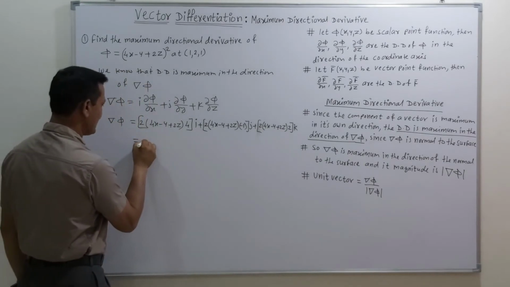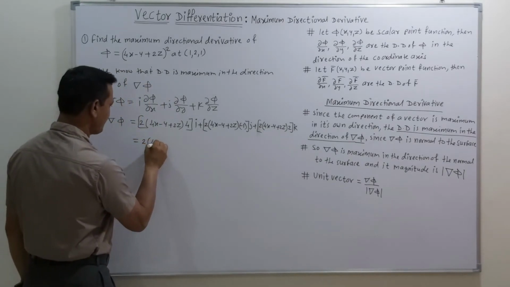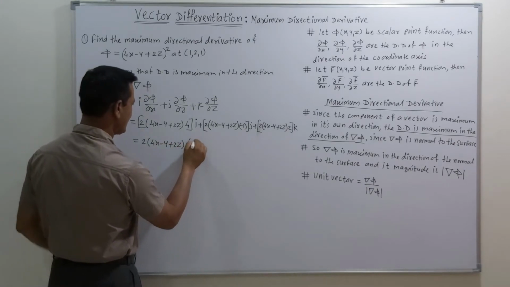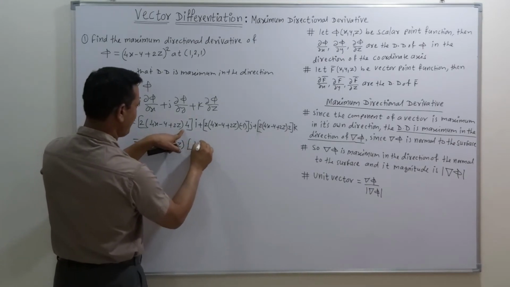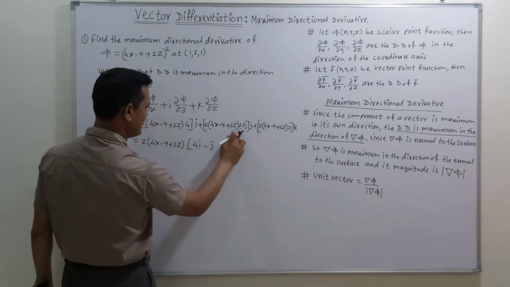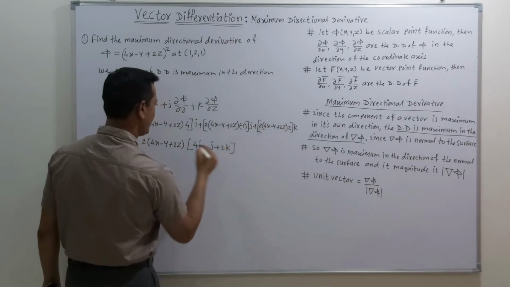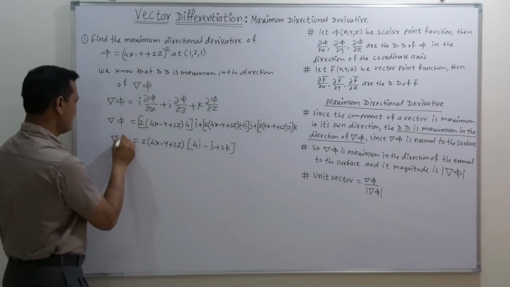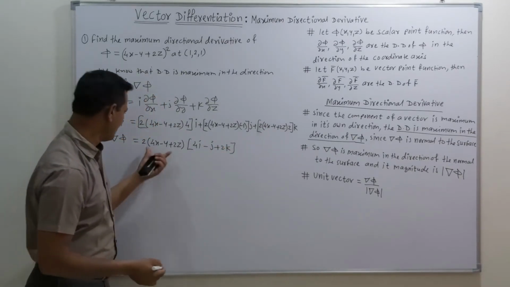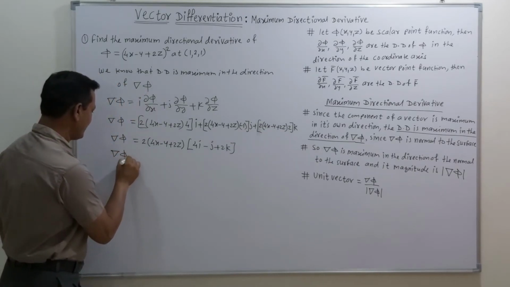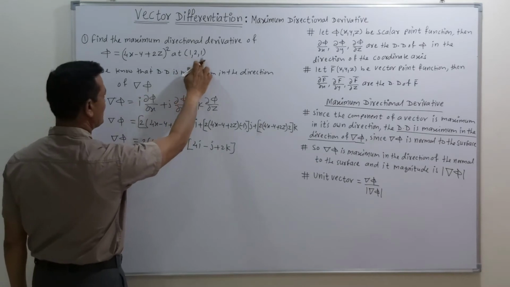So we can write del phi equals 2 times (4x minus y plus 2z) times (4i minus j plus 2k). For simplicity we take this term as common. Now let's find the value of del phi at the point (1, 2, 1).